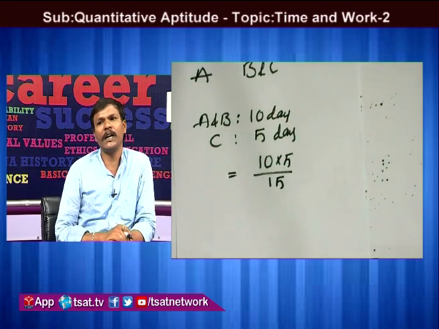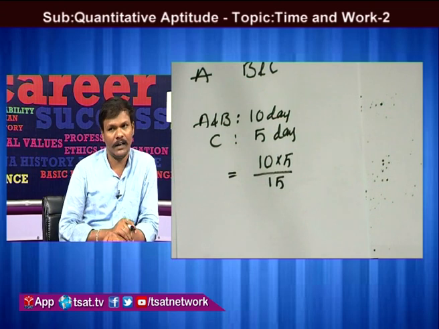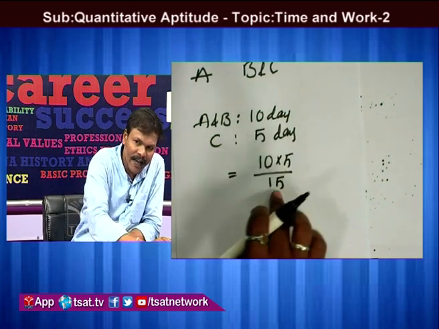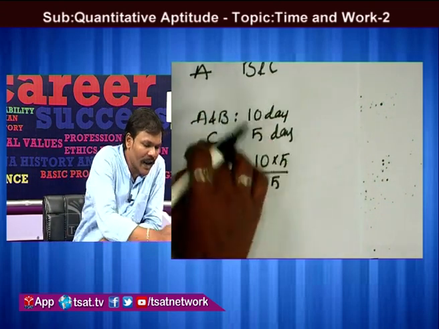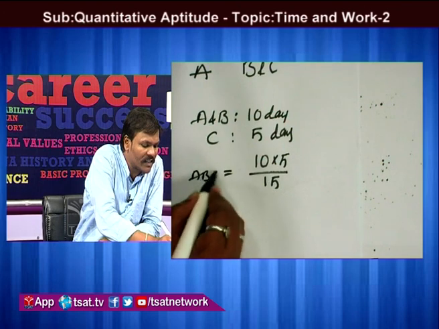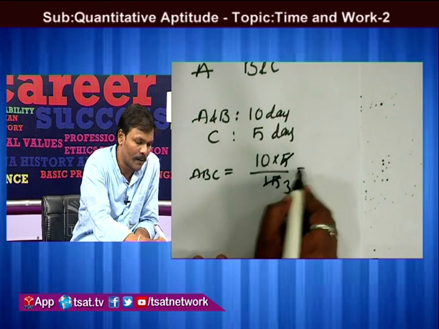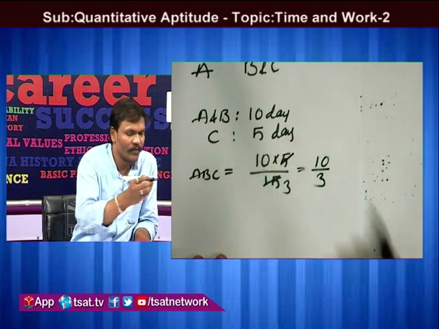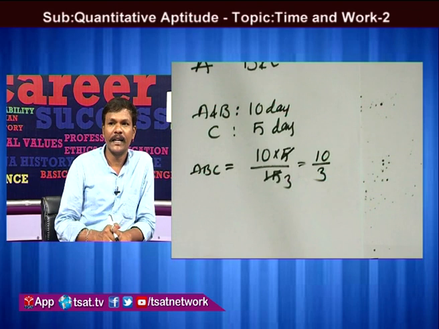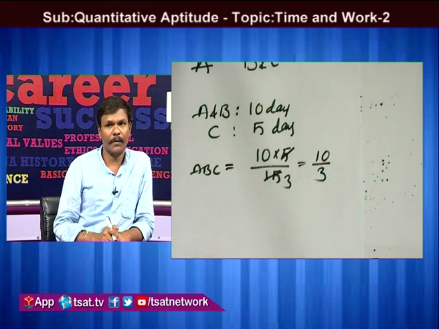When these values are added together in the denominator, AB and C added, it becomes ABC. Is it clear? 5 threes. The ABC value is 10 by 3 days.